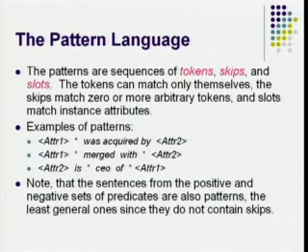First, before I show you the example, I need to say a couple of words about the pattern language that we use. The patterns in this case are sequences of tokens, just words. Skips: we have two types of skips, unlimited skips, so basically you can skip any number of tokens, and limited skips that can skip only until they find another noun phrase. So they are not allowed to skip over a noun phrase.